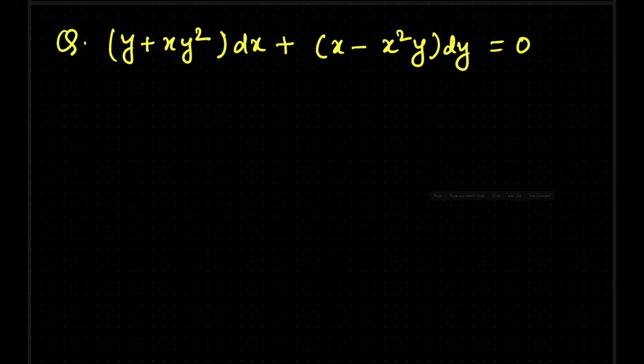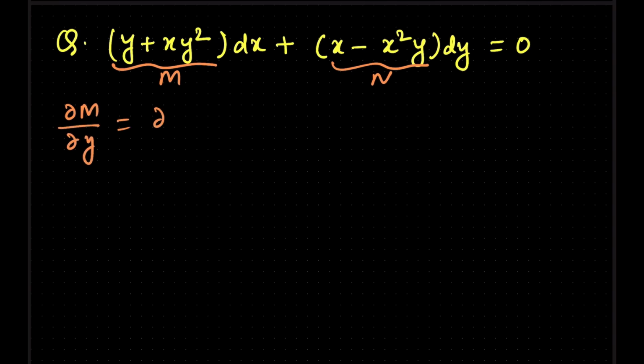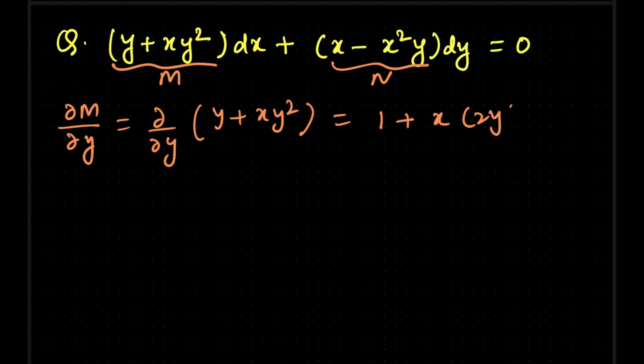Now let's understand this better with an example. If you see this question, we first check whether this is an exact differential equation or not. This is our M, this is our N. For checking, we find ∂M/∂y. M is y + xy², so you will get 1 + x·2y, because x is constant as we are partially differentiating with respect to y.